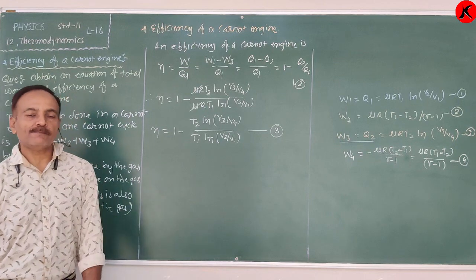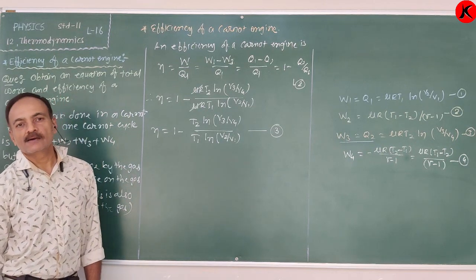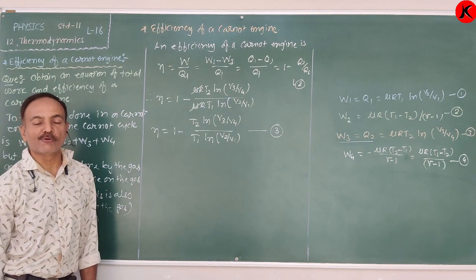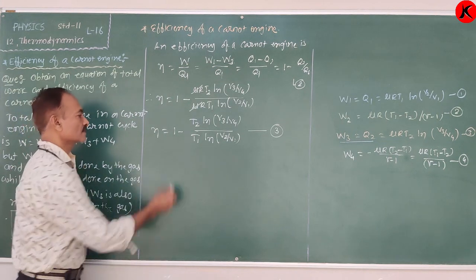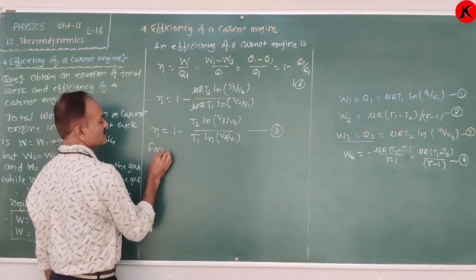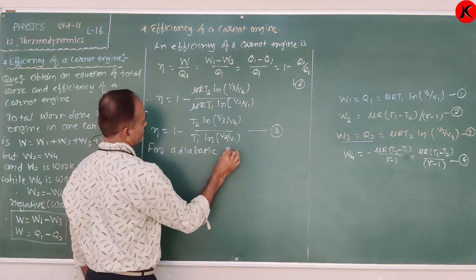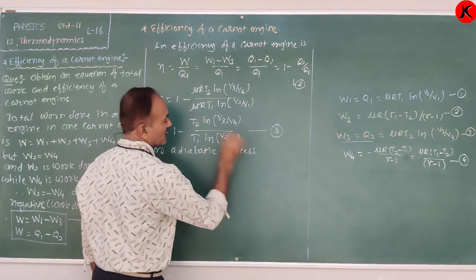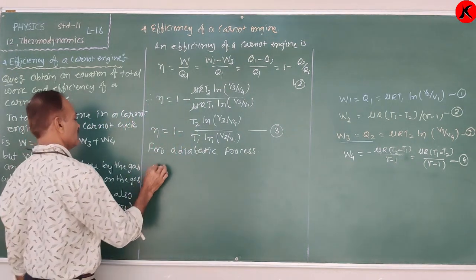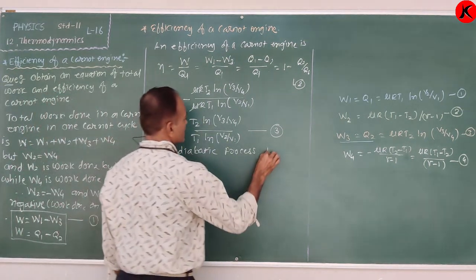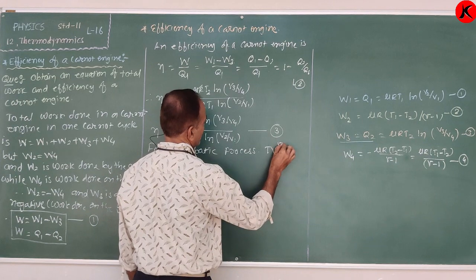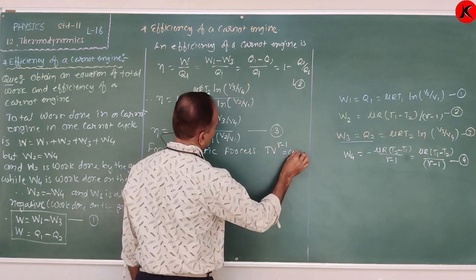Now already we know that for adiabatic process, there is no exchange of heat. For adiabatic process, the relation between the temperature and volume is T V raised to gamma minus 1 is equal to constant.